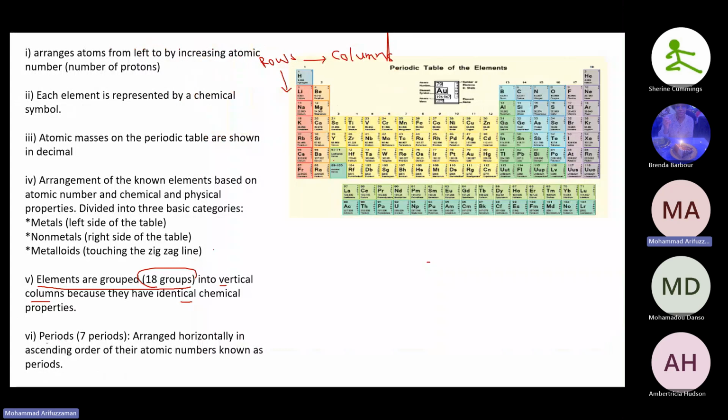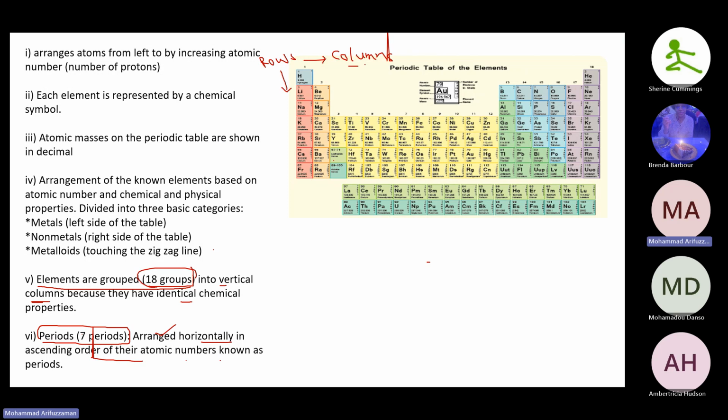So there are 7 rows, also called the periods. So that means 18 groups, or 18 columns, and 7 periods. These are arranged horizontally in ascending order of their atomic number, known as periods.